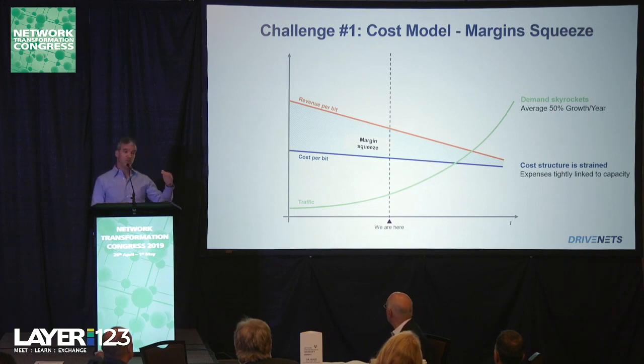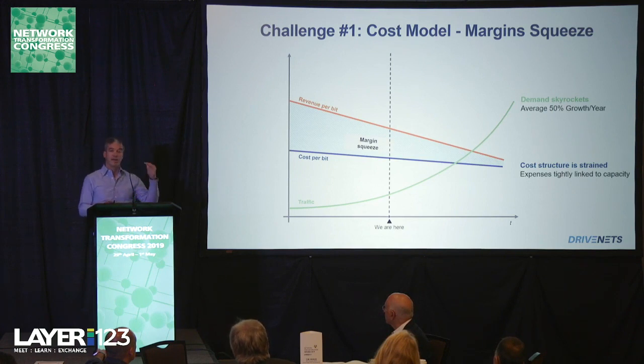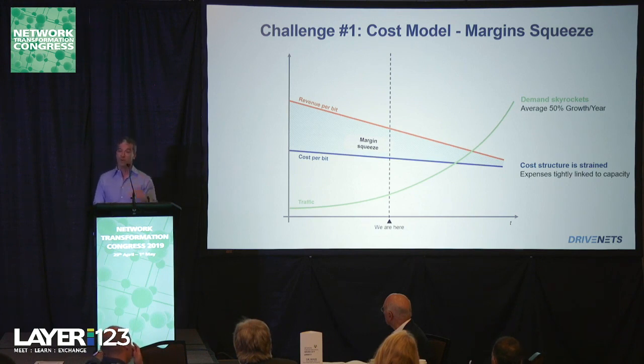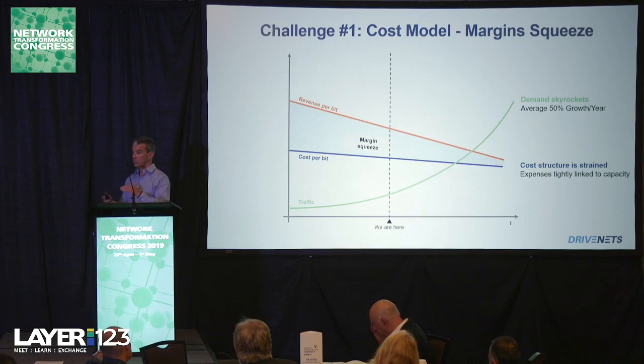The revenue from the end users remained flat at best. So the revenue per bit is falling, right? The cost per bit of the service providers declines, but not fast enough to compensate for the dropping of the revenue. So as a result, you get a squeezing of the margins.